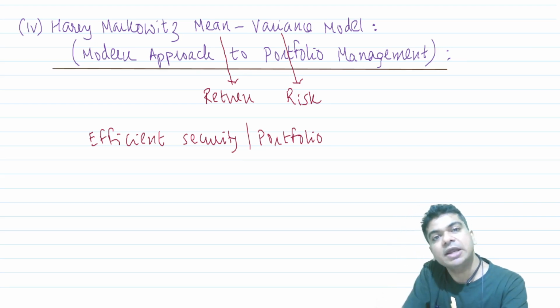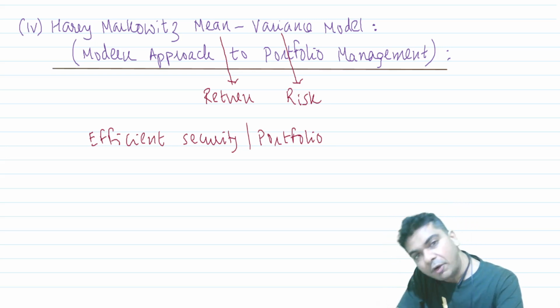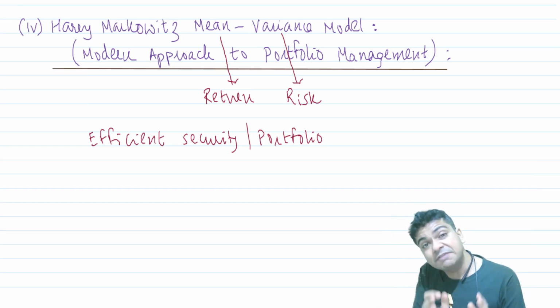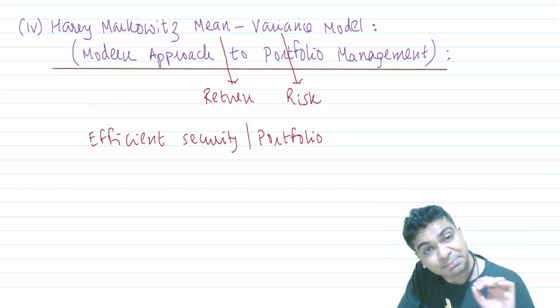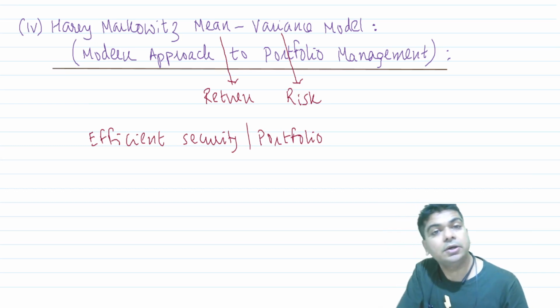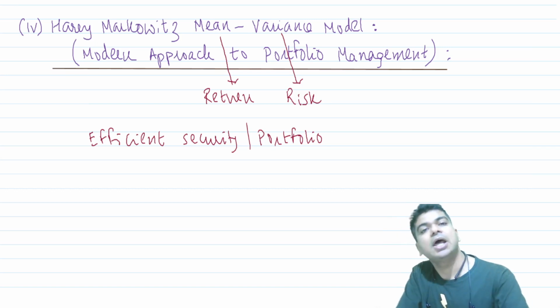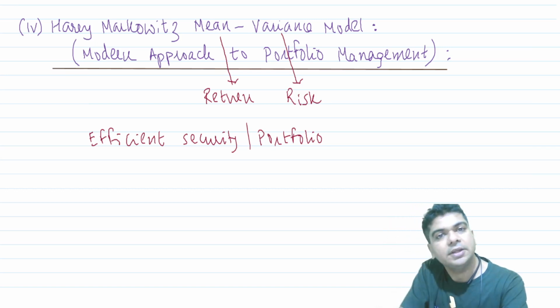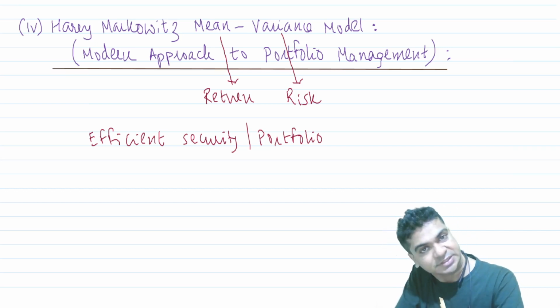So first, let's try to understand this really well. When can we say a security, or when can we say a portfolio is efficient? Because if it is efficient, then and only then is it worthwhile accepting. If I come to the conclusion that the security or the portfolio is inefficient, I shall outrightly reject it. So let's understand this concept of efficient and inefficient securities.